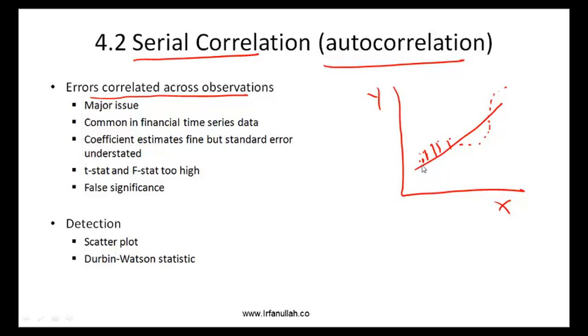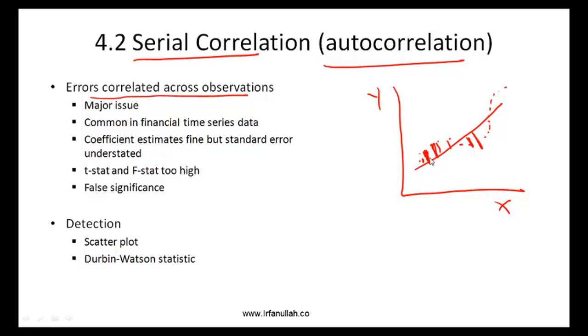If you have data like this, knowing that this error is positive gives you an indication that the next error will also be positive. And knowing that the error is negative here gives you an indication that most probably the next error is also negative. So if you have one error term, do you have a basis for predicting the next error term? If you have seasonality, you do. That means that there is some correlation between the error terms.